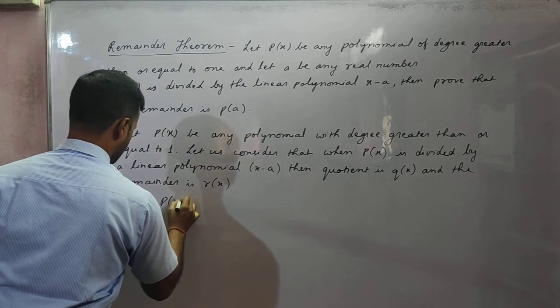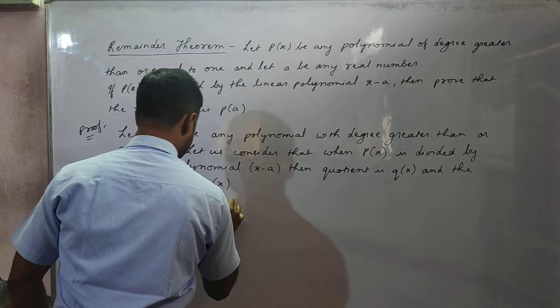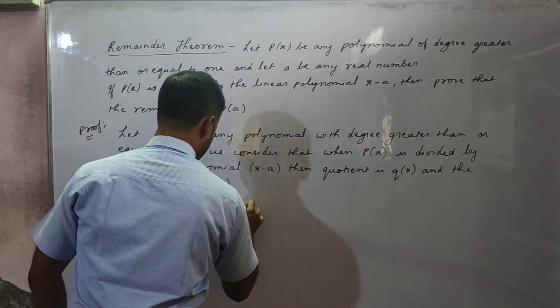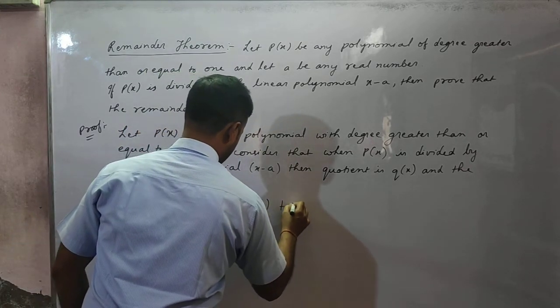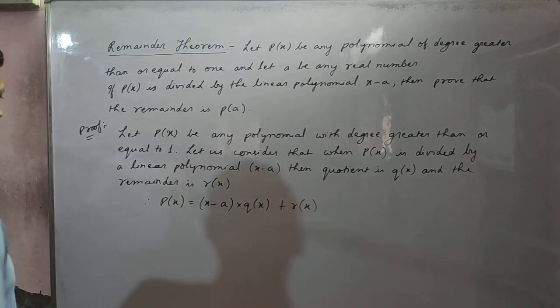Therefore p(x) is equal to, dividend is equal to divisor into quotient plus remainder.